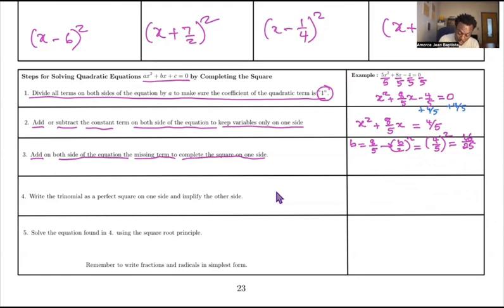So now if you add the constant term on both sides of the equation, you're going to have this equation, but we're going to add the constant 16 over 25 on both sides.